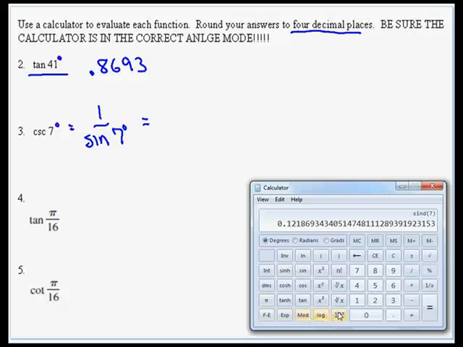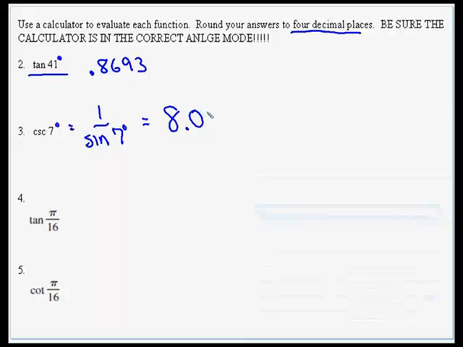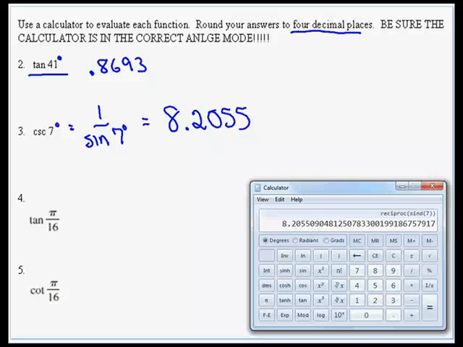I'm looking for it here on my computer. Oh, there it is, 1 over x. So I'm going to flip that over, and we get 8.2055. That's a 0, so we'll leave that rounded as a 5. 8.2055. Make sure I got that right. Yep. And we were in degree mode.